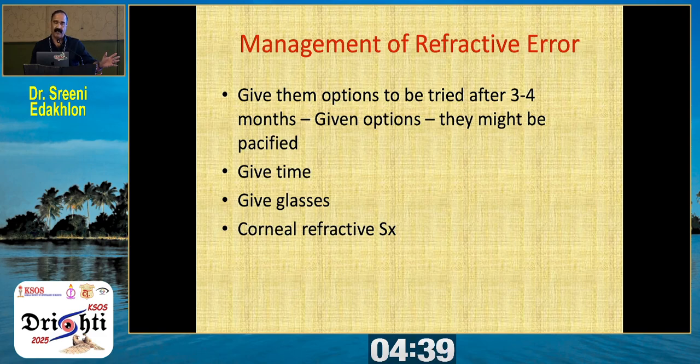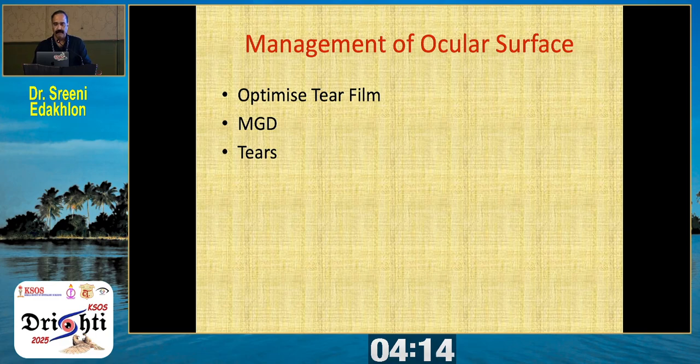If they're okay, you can give them some trial glasses, see if they are okay, but many of them don't really want it. During that time, they'll get adapted, or they'll say, okay, this is what I have, but still some amount of dissatisfaction is there. Then you will have to manage. If still they are not okay, you might have to go for refractive surgery.